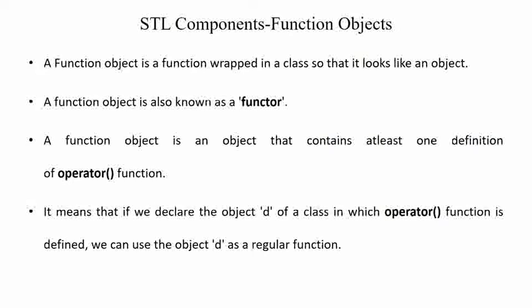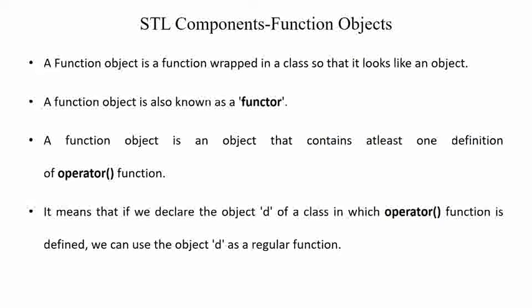The next component of STL is function object. Function is a set of instructions which will be written. There are 2 different types of functions: call by reference, call by value. But here we have to wrap that function in a class. We know that when the objects are collected at one place, that specific topic or concept is called a class.